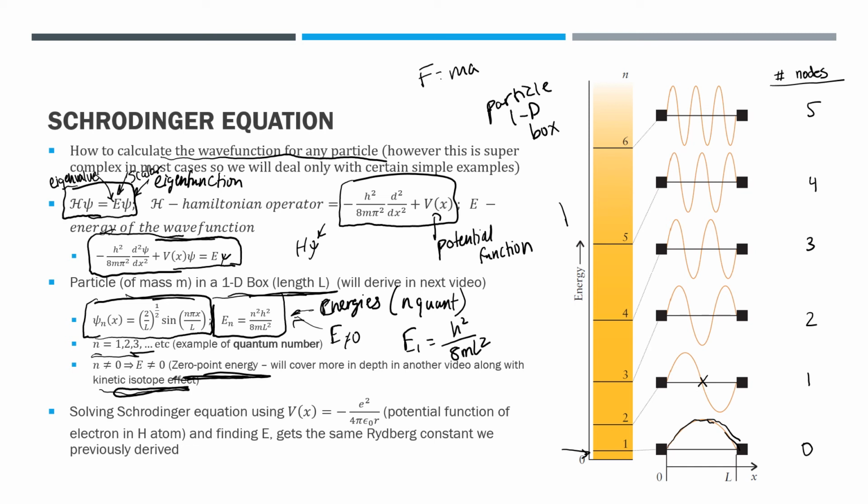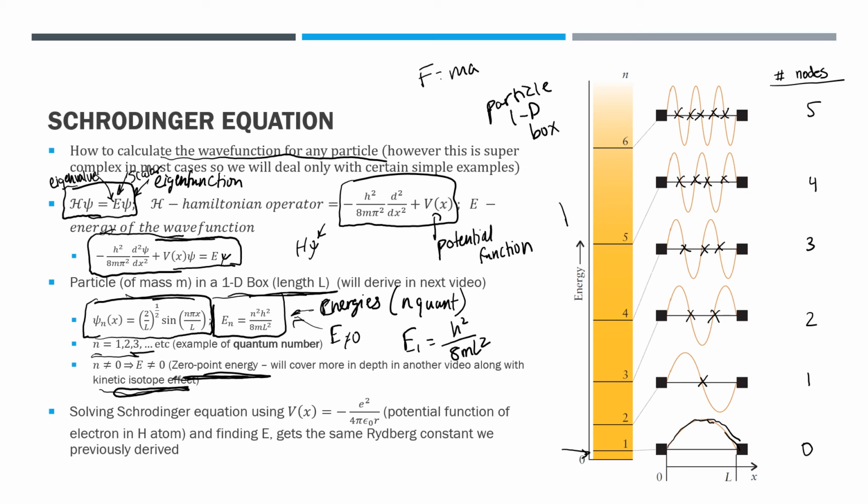When we go to n equals 3, we have 2 times where the psi is crossing 0, so 2 nodes. Then n equals 4, we have 3 nodes. n equals 5, we have 4 nodes. And n equals 6, we have 5 nodes. So you can see that there's an increase of 1 node per energy level.